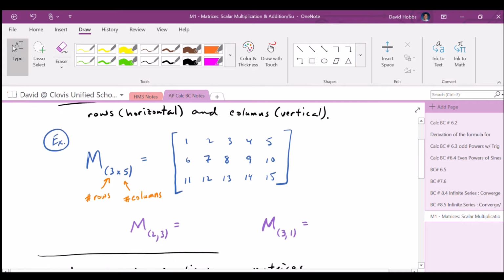If they want an individual term, like the 2, 3 term, that's the second row, third column, so that would be 8 in this case. And M 3, 1, third row, first column, would be 11.